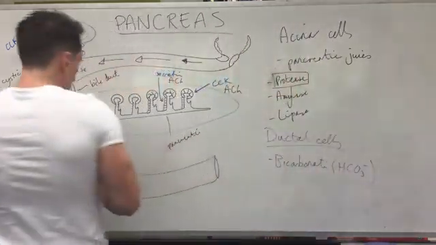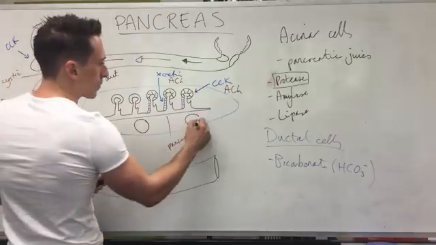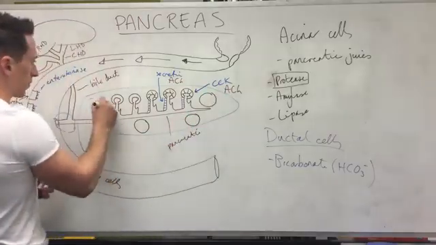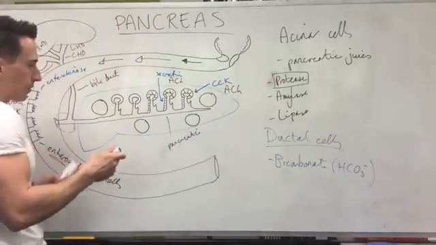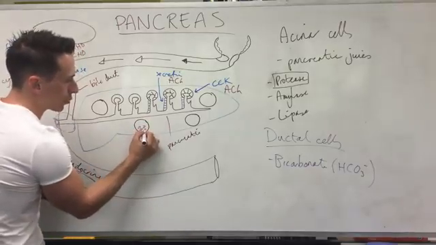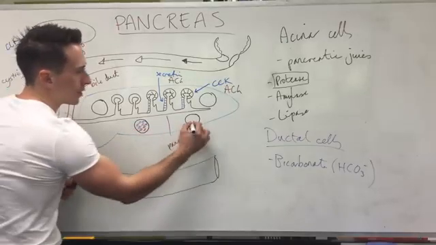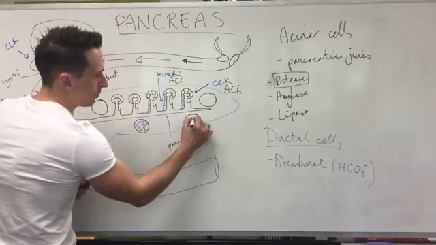So there are groups of cells just spotted all around the pancreas. And these groups of cells have a couple of different cell types, but I'm only going to talk about two. In the middle, more pronounced, you have beta cells, and I'm writing the Greek beta here.